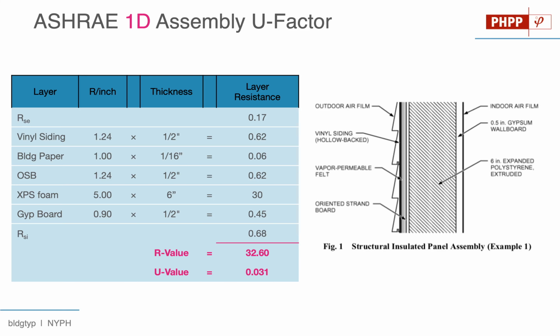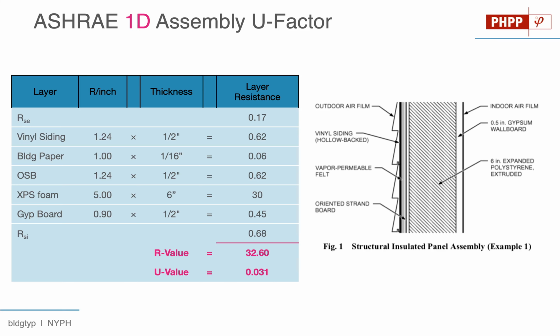So given that we've got a very simple assembly, like a SIP panel assembly, how do we calculate the total U value of that assembly? Well, we actually don't calculate the U value. What we actually calculate is the R value. We're going to calculate the R value by calculating the resistance of every layer and then simply summing up all of those individual resistances.